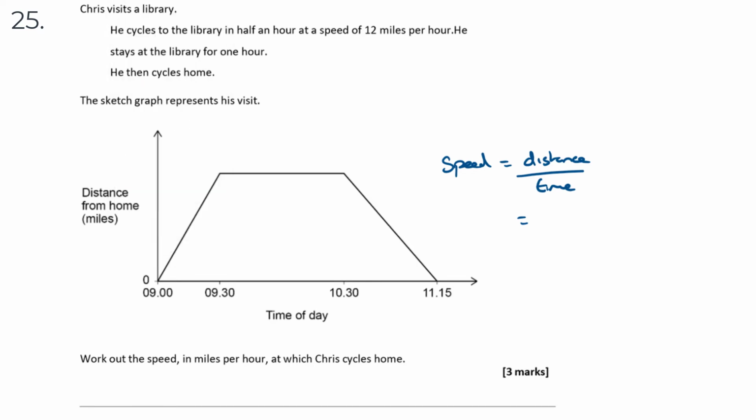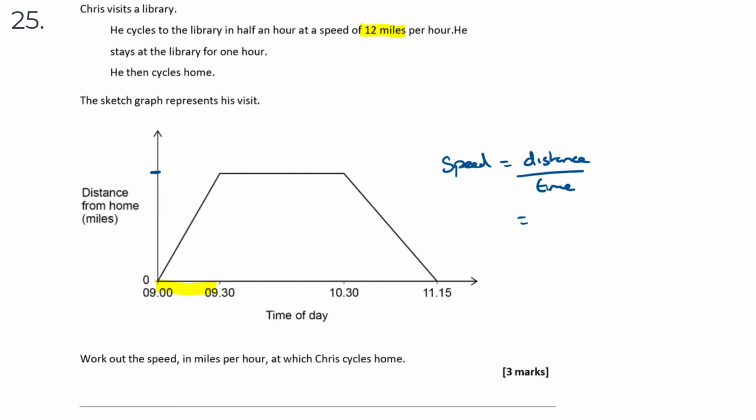What we want to know is that distance there, but it isn't marked. So it's not quite as straightforward as initially it looks, because we need to find the distance travelled first. But we've been given the speed of his outward journey, and we can see that his outward journey took half an hour or 30 minutes.